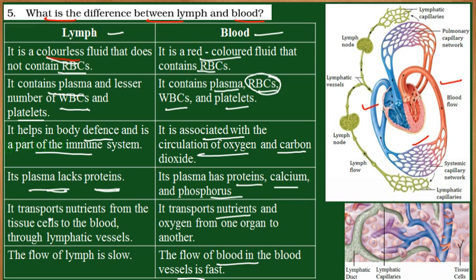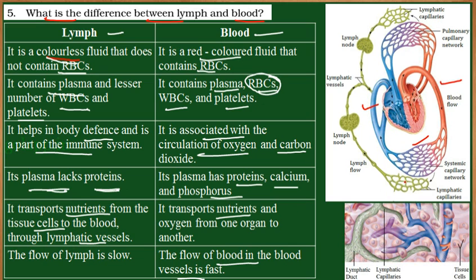Now, coming to transportation, blood helps in circulation of nutrients and oxygen from one part of the body to another. Whereas lymph, since it does not have RBC, cannot transport oxygen, but it transports nutrients from the tissue cells to the blood through lymphatic vessels.